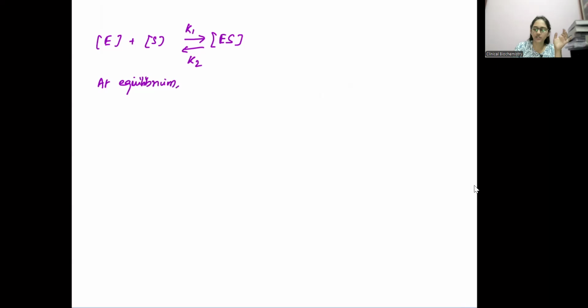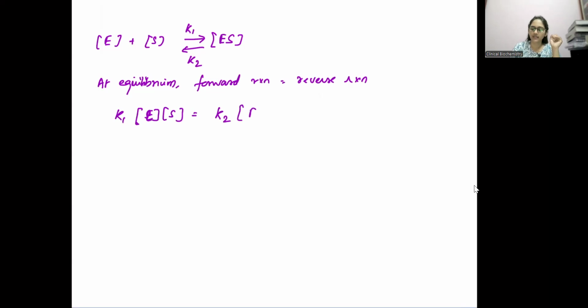the forward reaction is going to be equal to the reverse reaction, is it not? So the forward reaction, which is K1 into enzyme concentration and substrate concentration, is equal to K2 into enzyme substrate complex. Is it fine?